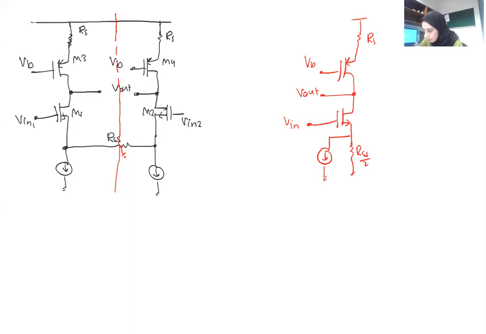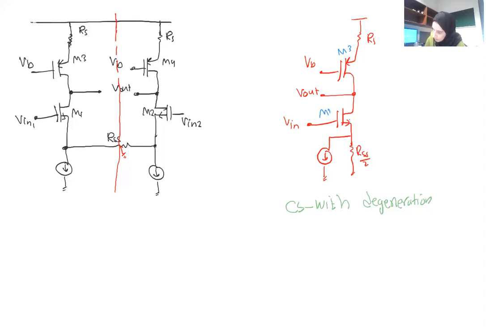So now to identify what type of circuit it is, again, it's a common source with degeneration. We all agree on that, yes, because our source of this transistor, M1, which is the main in the amplification, is basically not grounded.